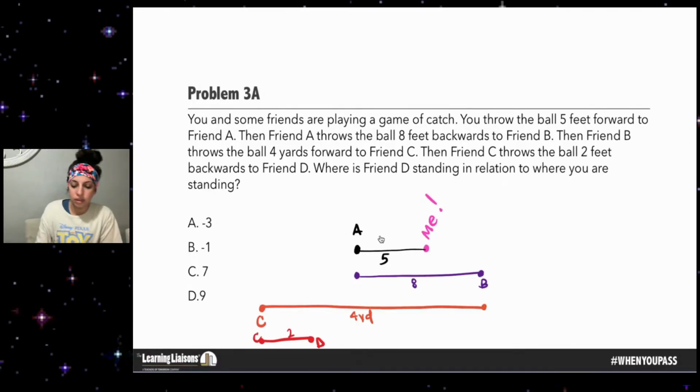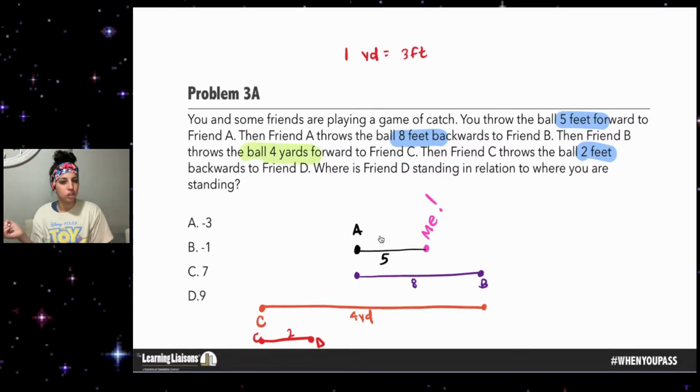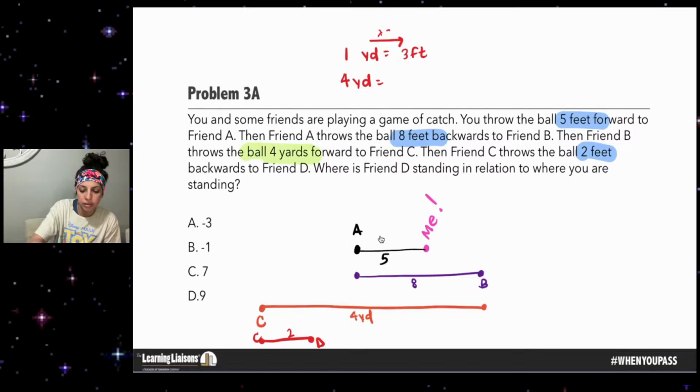So all of these are in feet, feet, feet, except for this one, which is in yards. And that's where they're going to trick us. So 4 yards, 1 yard equals 3 feet. And that would be on like a conversion chart. So then 4 yards is going to be, to get from 1 to 3, I multiply times 3.